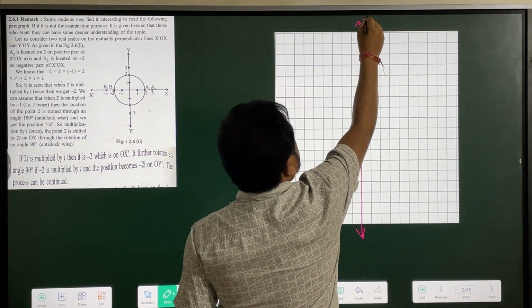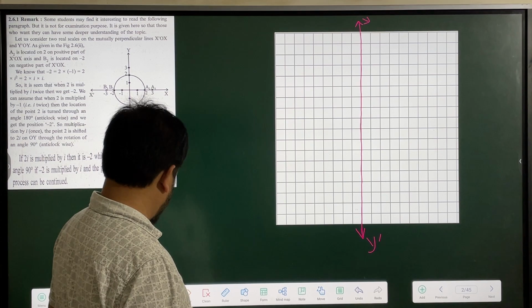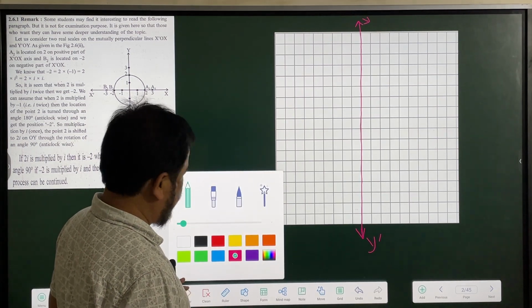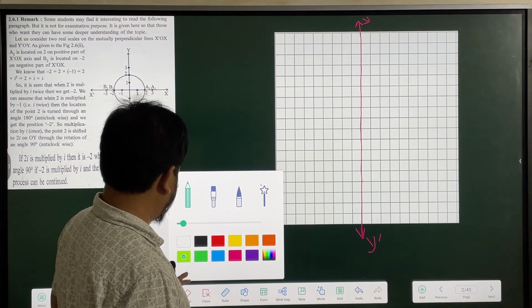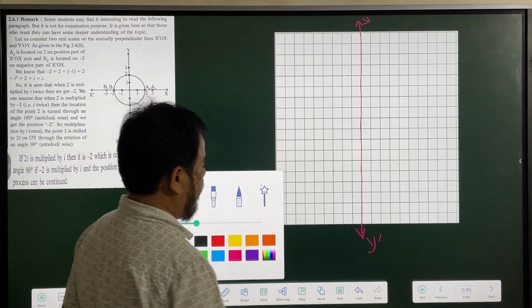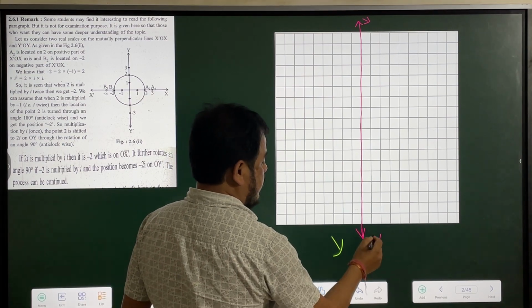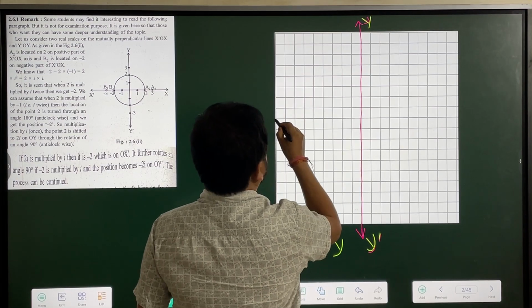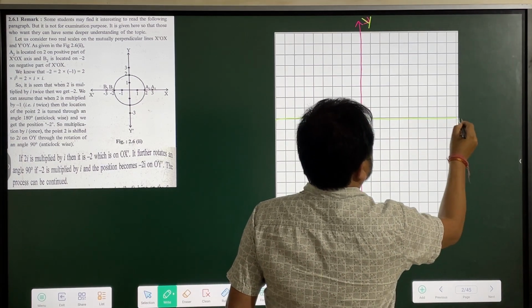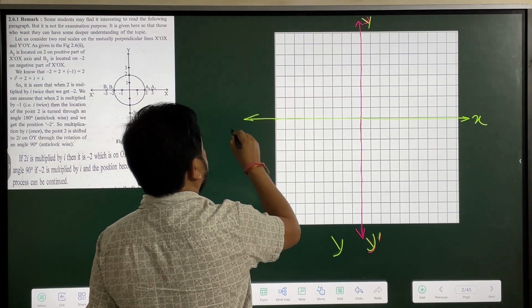This is the y-axis. Is it visible or not? Yes, this will be visible. So this is the y-axis, and suppose this is the x-axis.